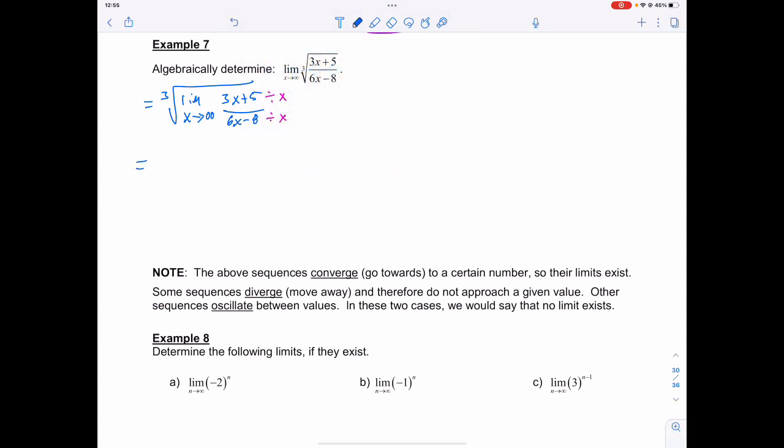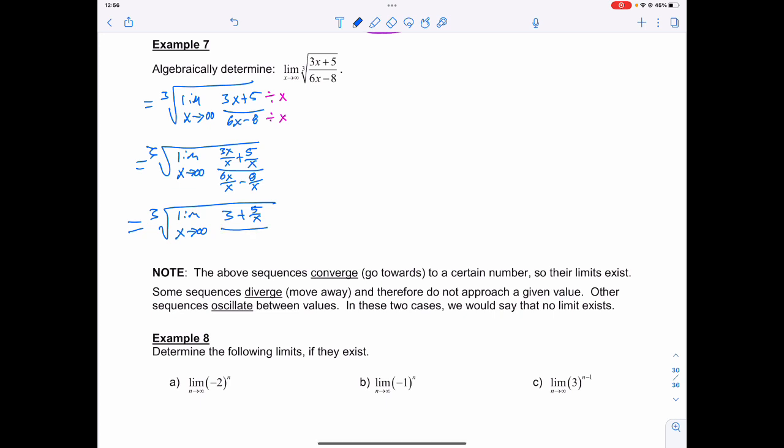What's going to happen with that is I'm going to have the cube root of the limit as x approaches infinity of 3x over x plus 5 over x divided by 6x over x minus 8 over x, which is going to simplify to the cube root of the limit as x approaches infinity of 3 plus 5 over x divided by 6 minus 8 over x.